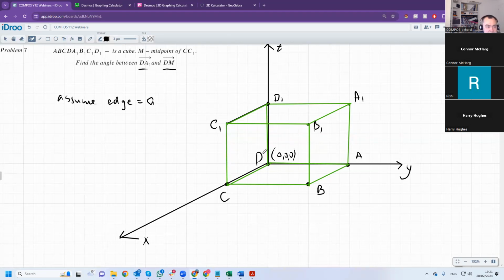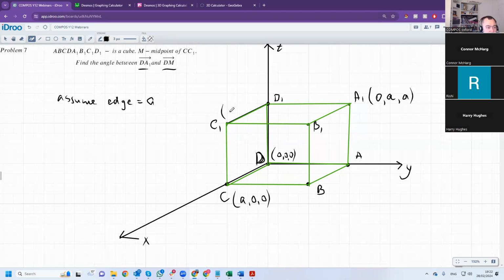Well, D is 0, 0, 0. A1 is 0, 0, A. DM, M is the midpoint of CC1, so we need C. C is A, 0, 0, because it's A on the X side, 0 on Y, 0 on Z.